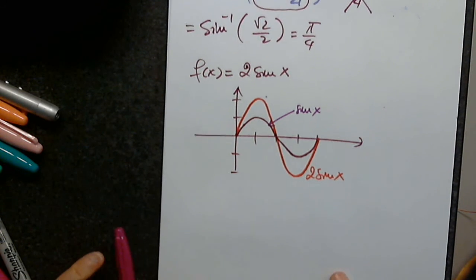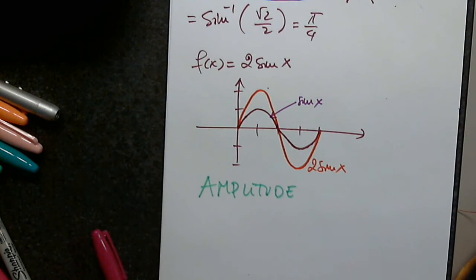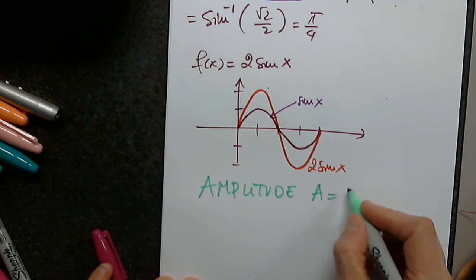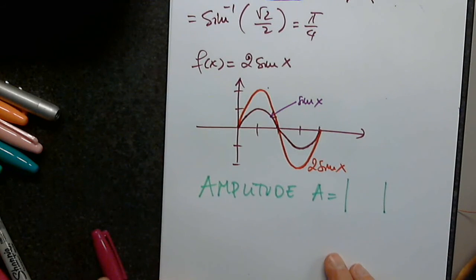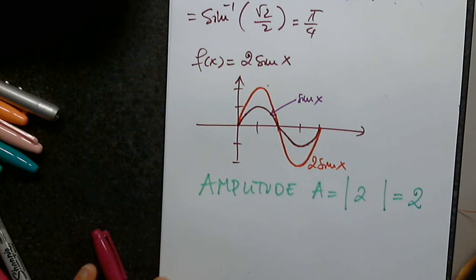There is something called amplitude. The amplitude is always the absolute value of the number in front of sine. In this case, it was the absolute value of 2, that's why it's 2. What does this mean? It goes as high as 2 and as low as -2.